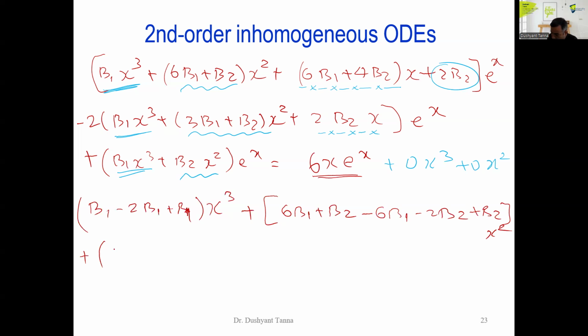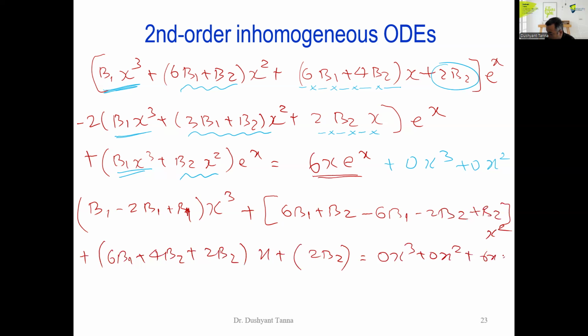And you will have 6b1 plus 4b2 plus 2b2. There is no x in the last thing. X. And the constant, which is 2b2, that's it, is equal to 0x3, 0x square, 6x e raised to x plus 0.